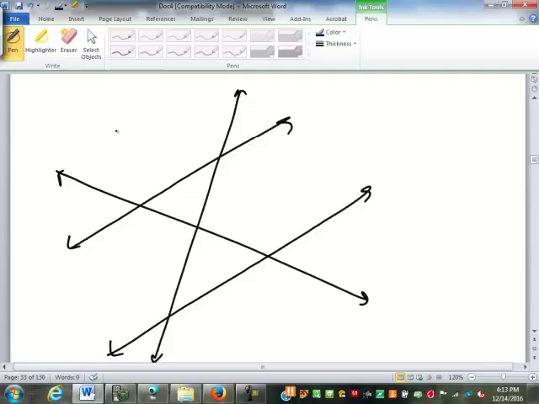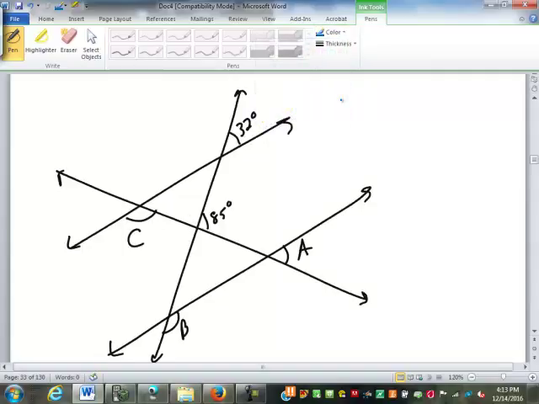So, let's say that I give you that this angle here is 32 degrees, and this angle here is 85 degrees. I want to know this angle, and that angle.